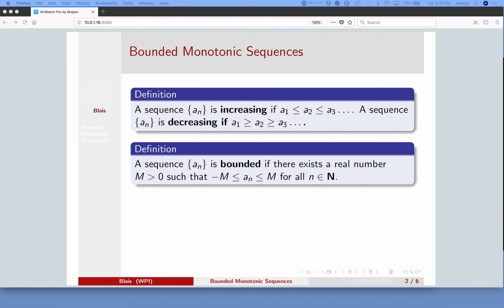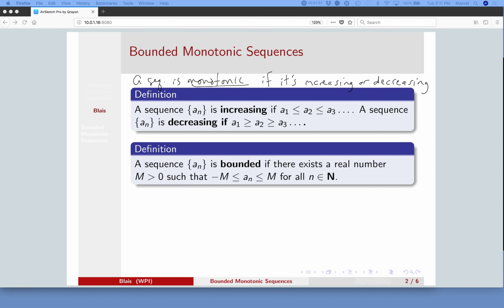So a sequence is monotonic if it's increasing or decreasing. So monotonic is this general idea where your sequence is either an increasing sequence or a decreasing sequence.